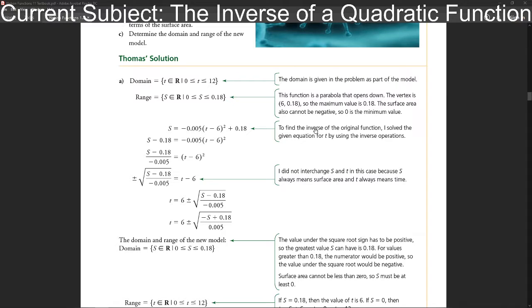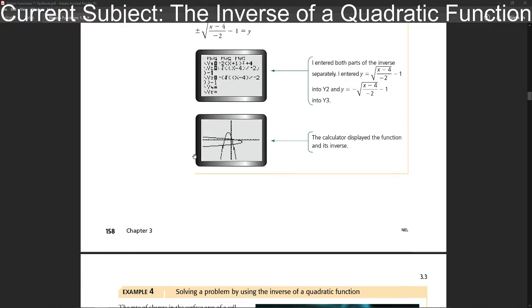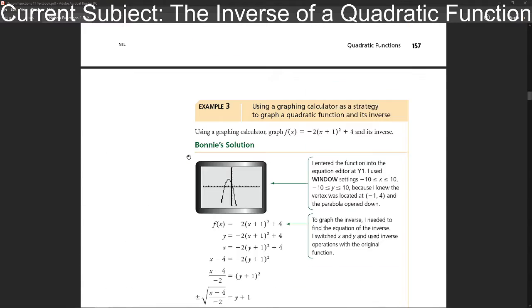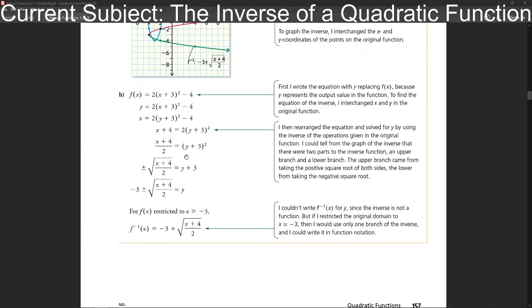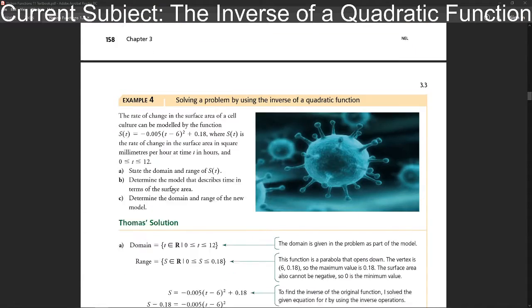To find the inverse of the original function, I solved the given equation for t by using the inverse operations. Alright. Oh, interesting. Earlier, they first swapped the variables, then solved for the other side.